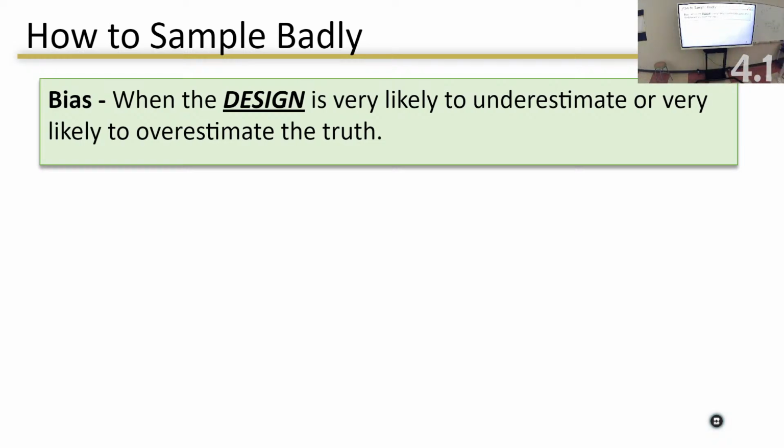Well, how we got the data was bad. Getting you guys for figuring out if we want to drive to school or not is bad, because that answer is going to differ from the truth. It's going to overestimate the truth.